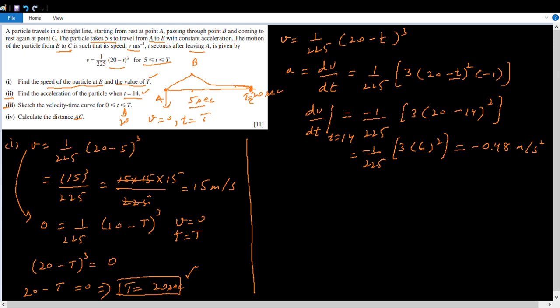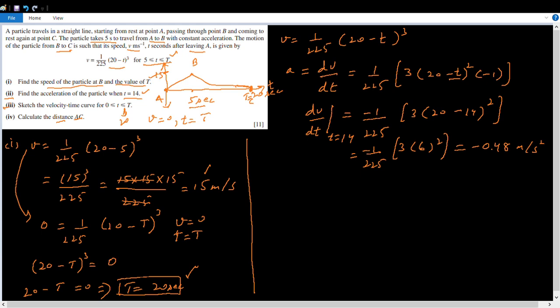Now we are supposed to find the distance, and this is a velocity-time curve. This is t and this is v here. When the particle is at B, its velocity we have found is equal to 15, so it's 15 here.